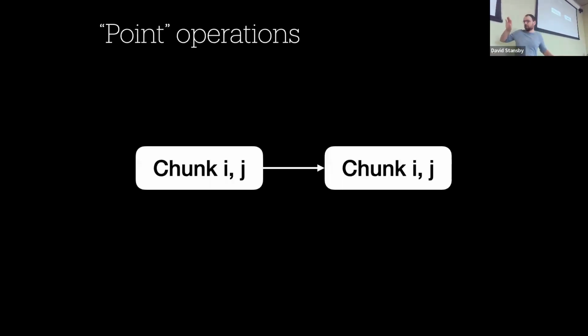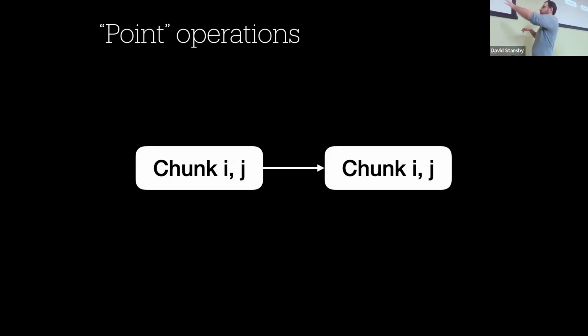There are a couple of different families of operations you can do. The first one is a point operation, where you directly map from one array element to another array element. An example could be, if I want to divide my image by 2, I just loop through every array element, divide by 2, and assign it to the output array.